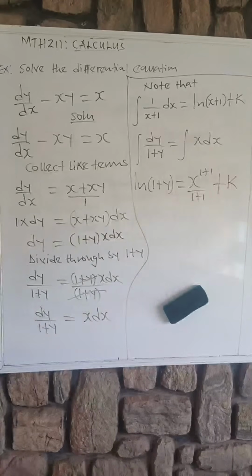Our first class will tell you how we got the k, because whenever you are integrating, you are supposed to have a constant. That is why you are seeing the constant on the right hand side.